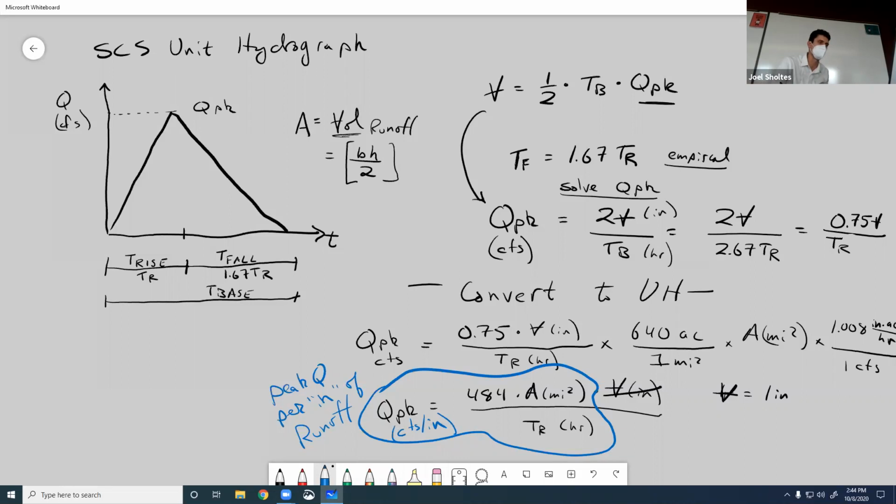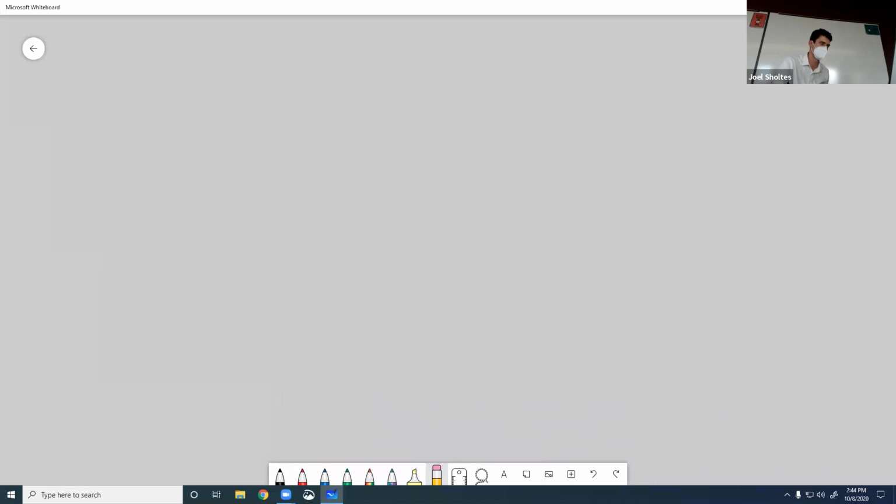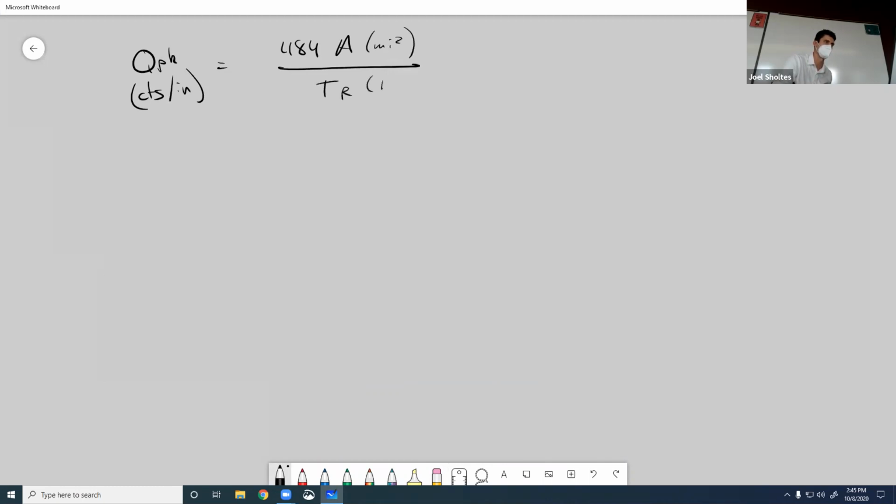So this gets us our height, right? And it's also a function of our base time. So I'll write that again. Q peak with CFS per inch units is equal to 484 times drainage area over TR.